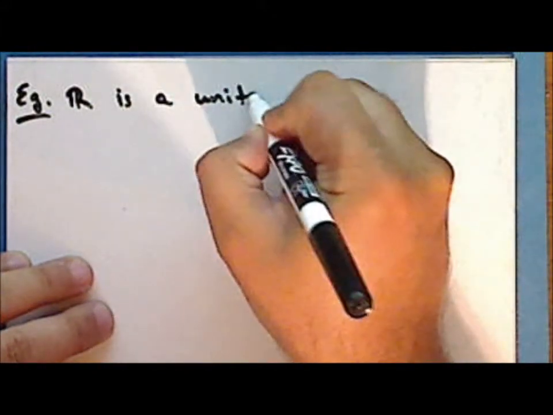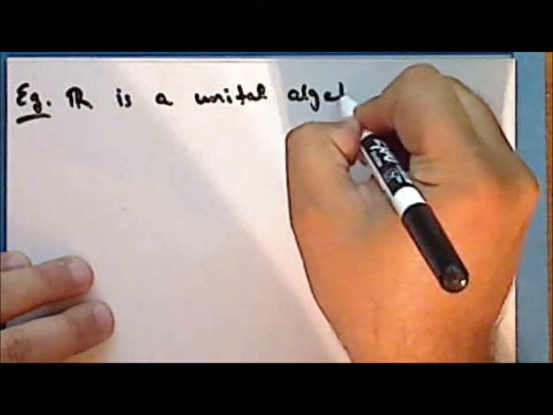So next, we will show that the set of reals is a unital algebra over itself.